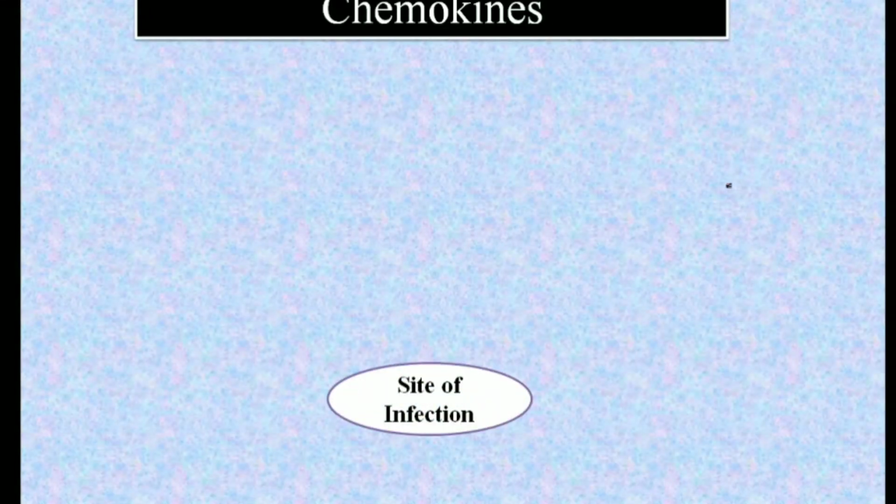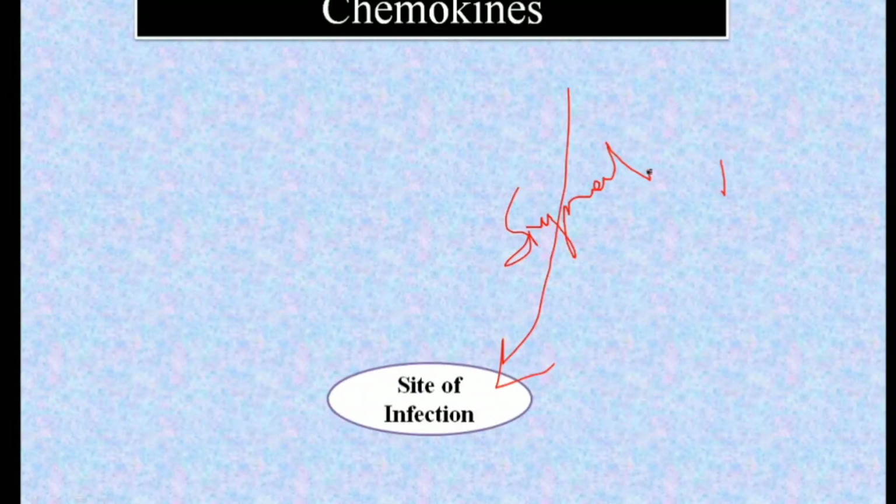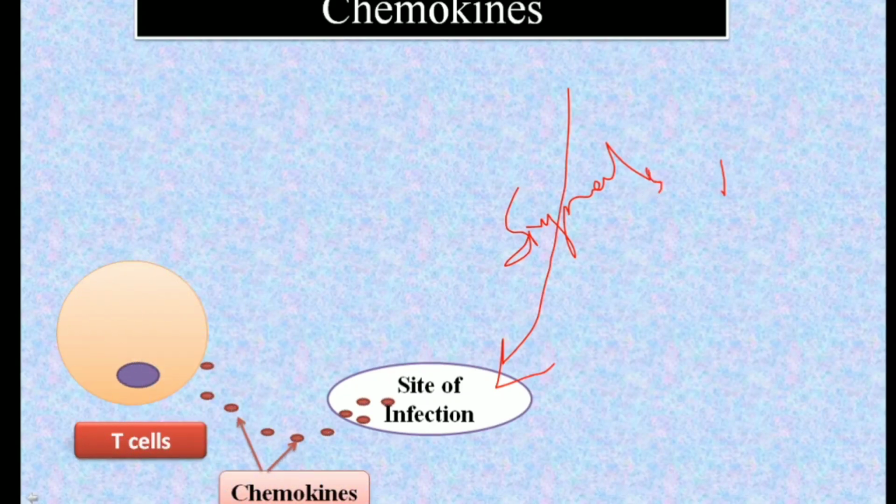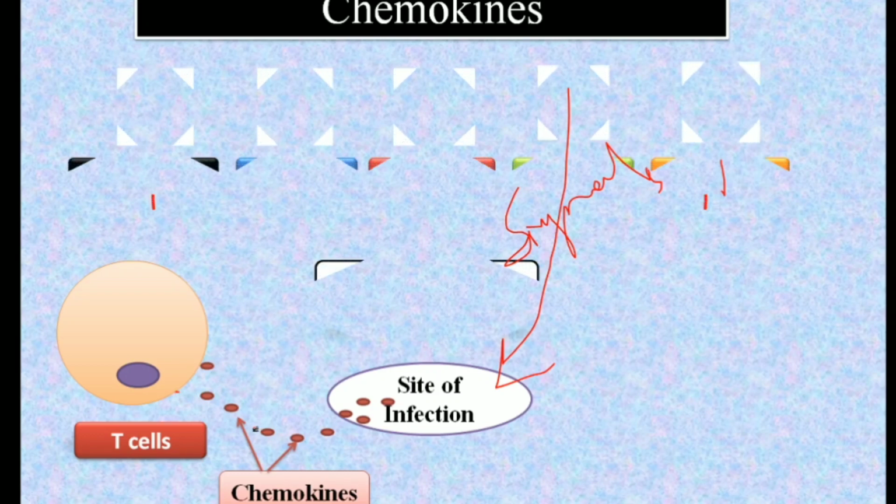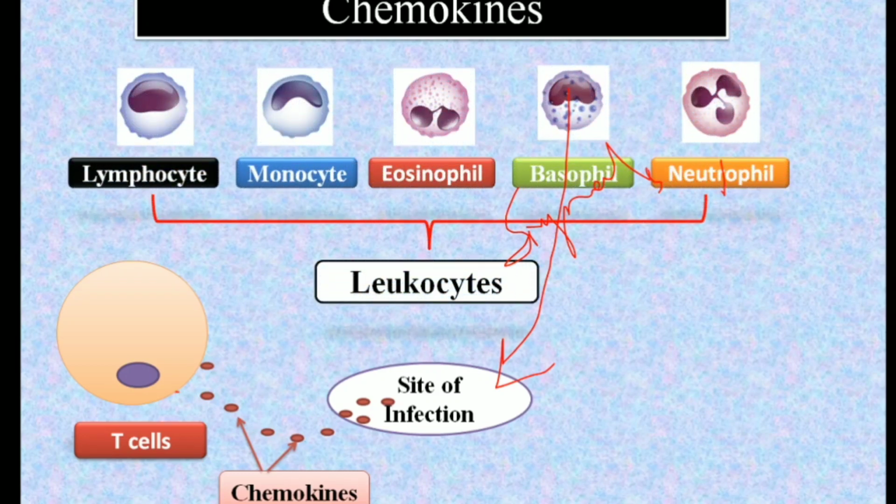So now let's see about the chemokines. Chemokines act as chemo signaling factors. They signal the leukocytes to move. Thus, chemokines control the movement of these leukocytes. Suppose whenever there is an infection, the chemokines are secreted at the site of infection and signal the leukocytes present in the blood, such as the neutrophils, to migrate to the site of infection.